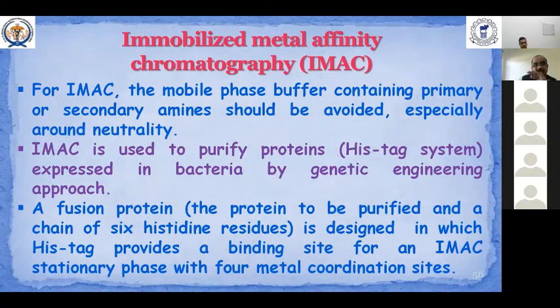During this elution, care should be taken that the mobile phase should not contain primary or secondary amines, especially around neutrality. And this IMAC column is basically used for the purification of proteins expressed in bacteria by genetic engineering as the His-tag system. It will be discussed later.